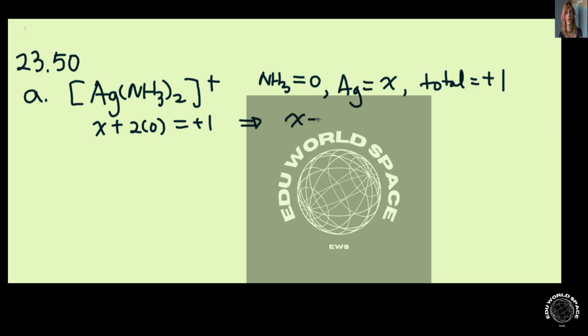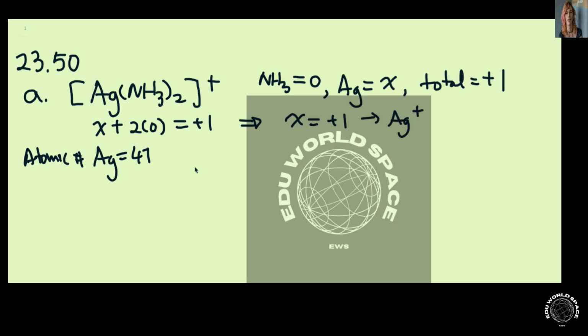So X equals +1, and that is the oxidation state of silver. We know the atomic number of silver is equal to 47.